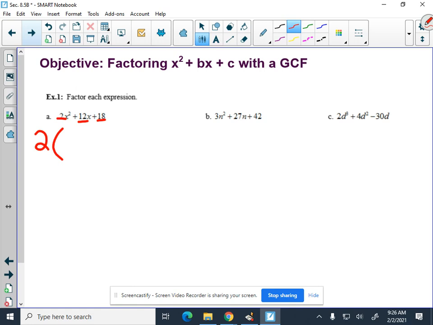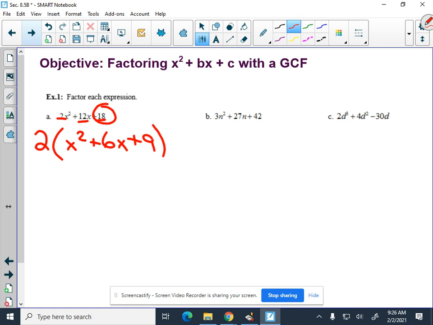So we have 2x squared plus, what would I multiply 2 by to get the 12x? 6x plus 9. 2 times 9 is 18. So first, I factor out the greatest common factor. That's the only piece that is different from yesterday.